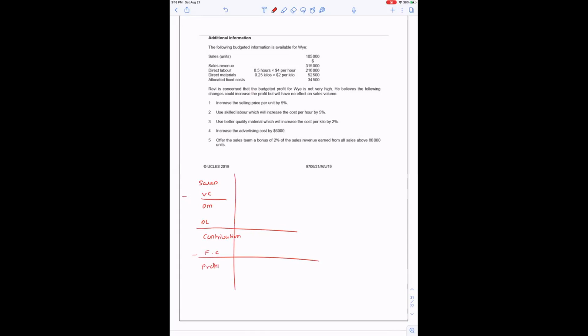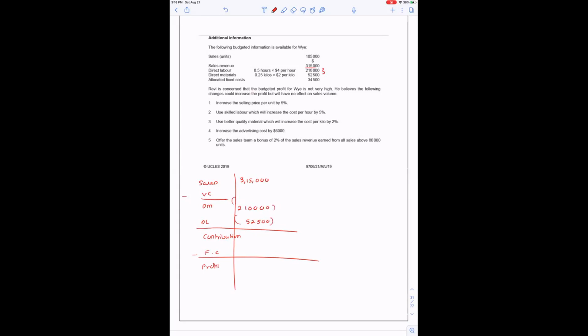From the contribution, when I subtract the fixed cost, what I get is the profit. Let's see the budgeted profit. The sales revenue is 3,15,000. Variable cost, add these two: 2,10,000 plus 52,500, which is 262,500.